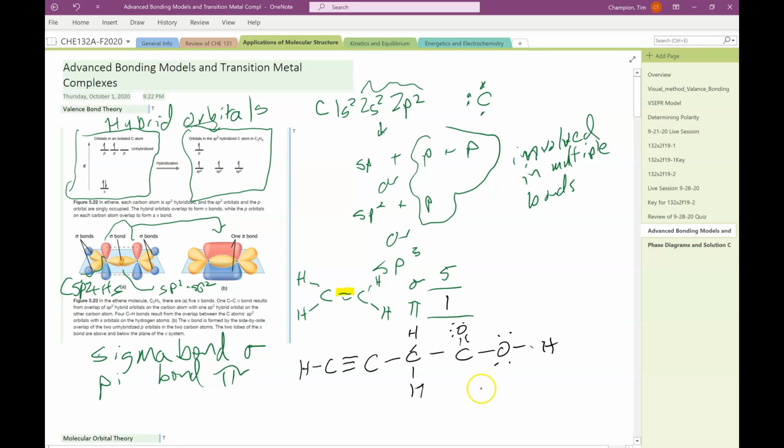So if I had to count sigma and pi bonds in this structure, what would I get? You may want to pause the tape for a second and see if you can work that out. I'll highlight the ones that are pi bonds, so if you haven't paused and thought about this, you might want to do it.